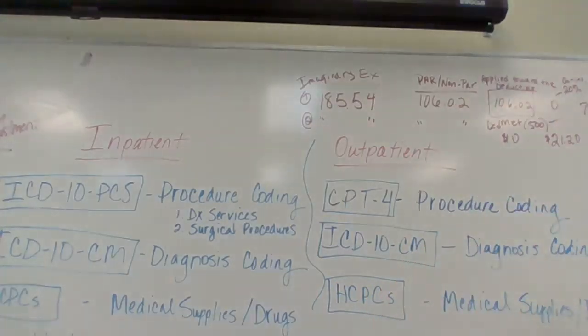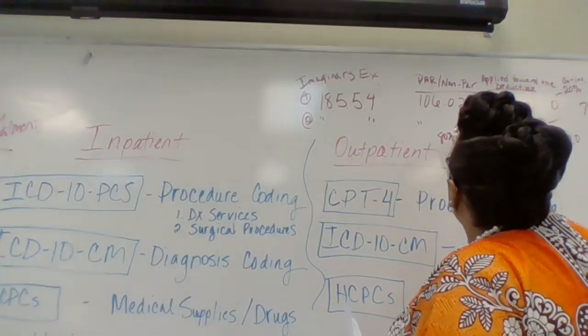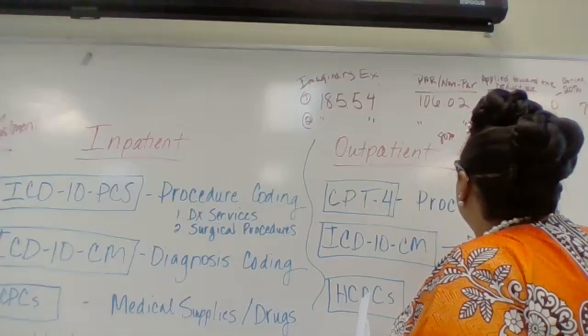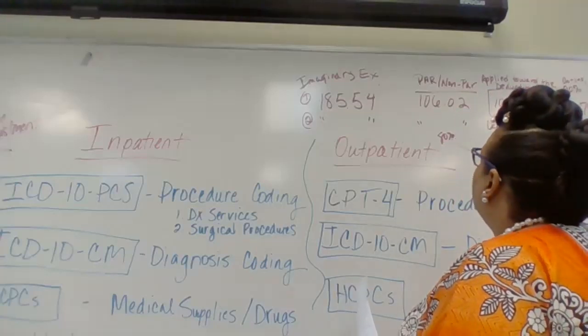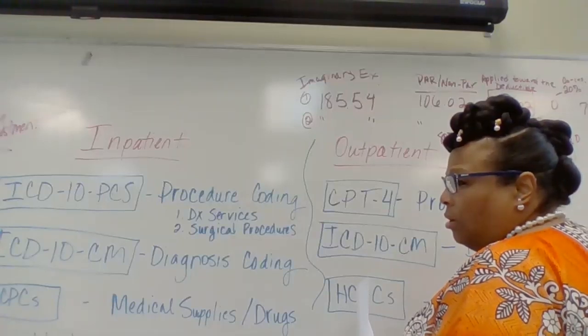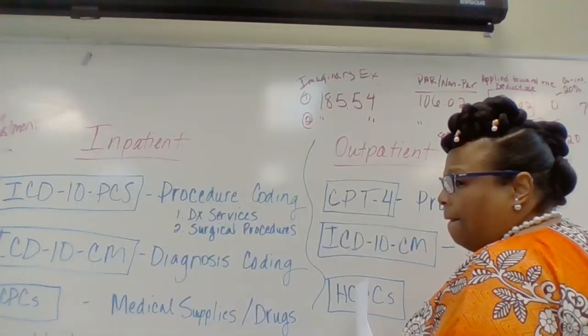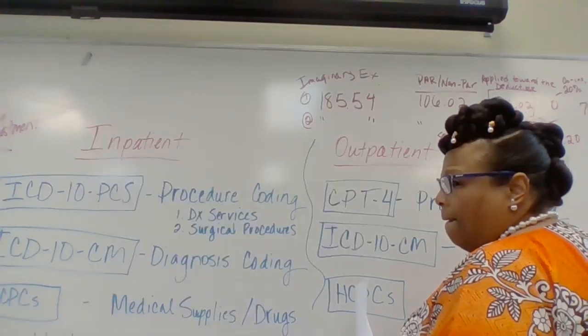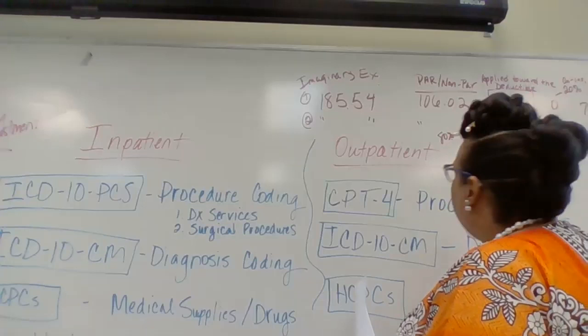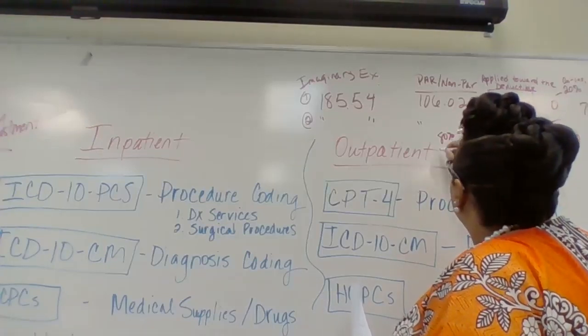Now, that leaves 80%. The 80% is going to come from this. What is 80%? $84.81. 84.81, right?